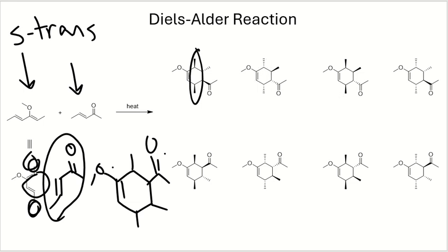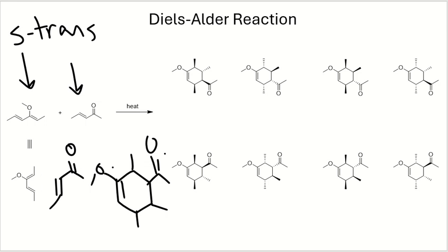Anything inside is going to be the same as well. Going back to our diene, you don't see them because you don't have to show hydrogens, but hydrogens are inside here. So all those hydrogens are going to be the same in every scenario. If my methyl groups are wedges, my hydrogens must have been dashes coming off of those carbons.